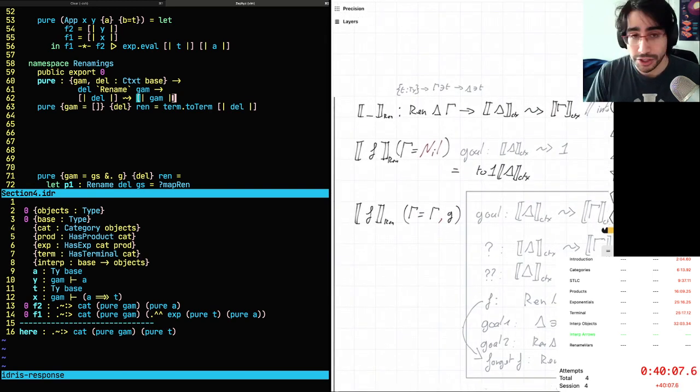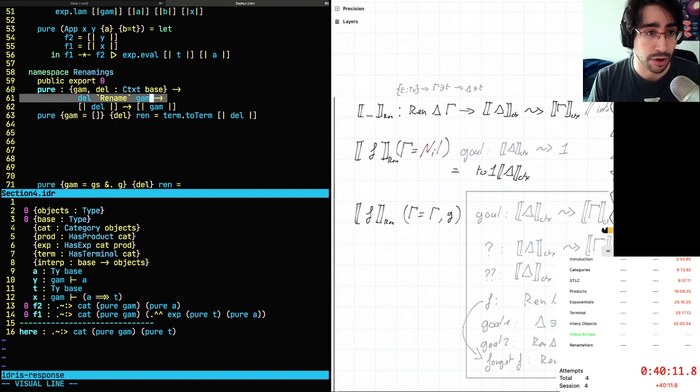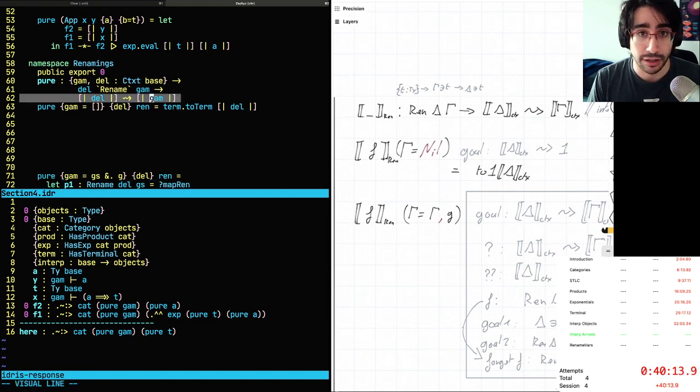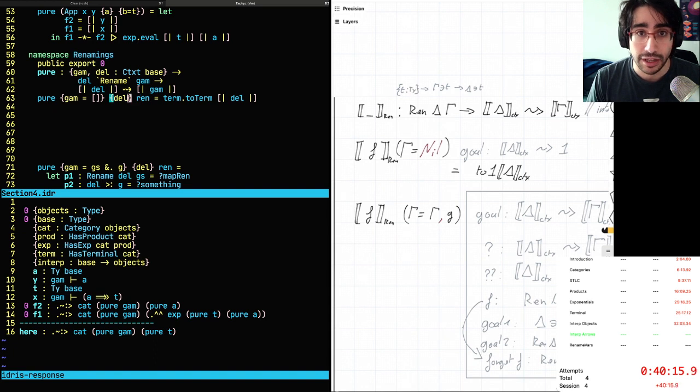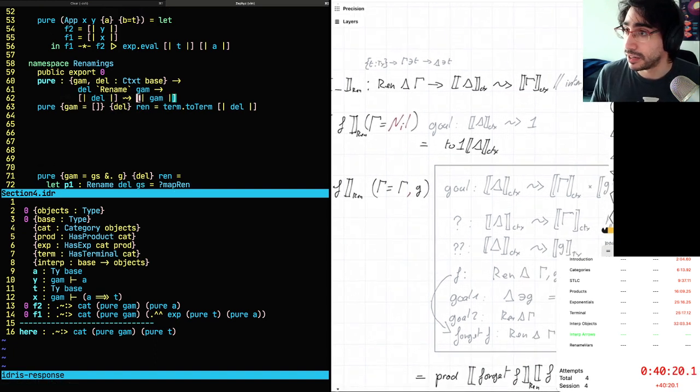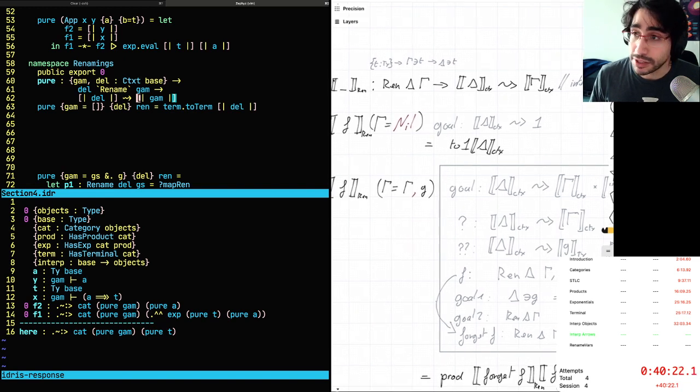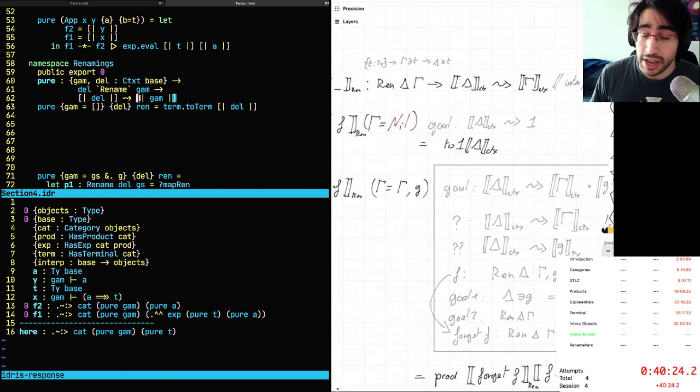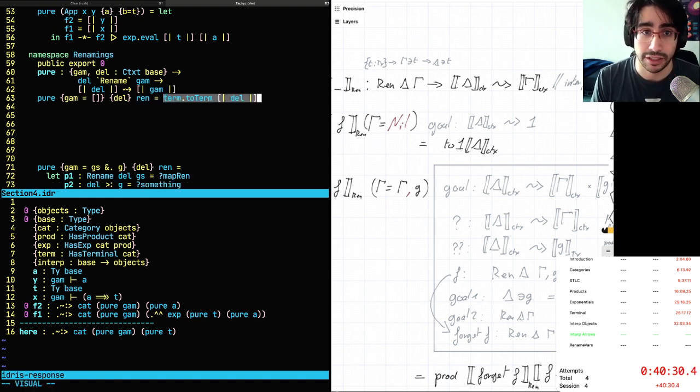But what we can do is match on either the context gamma or the context delta. We're going to match on gamma and see what we get. So here, if we match on gamma on the right side, you'll realize the interpretation of an empty context is the terminal object. And we already have a way to construct any arrow to the terminal object, and that is to use 2, 1. So this is what we have here.